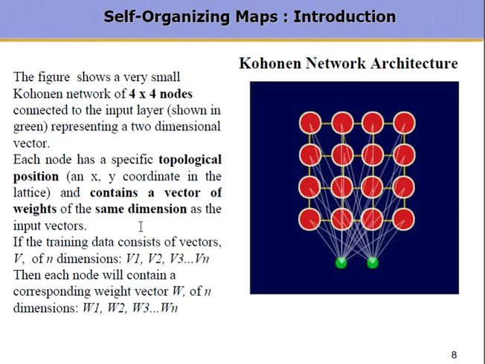Because we have n dimensional input training vectors, their corresponding weight vectors will be n dimensional with w1, w2, w3 up to wn. So each of our data vectors has a corresponding weight vector assigned to it, and this is very similar to a standard neural network architecture.